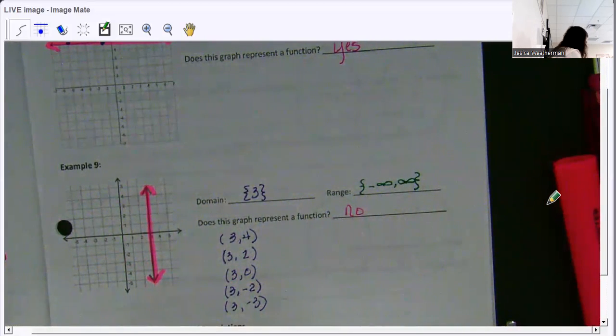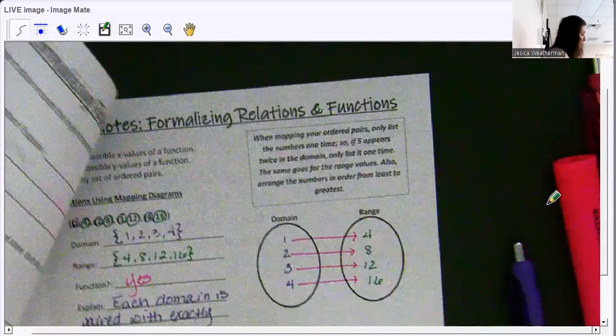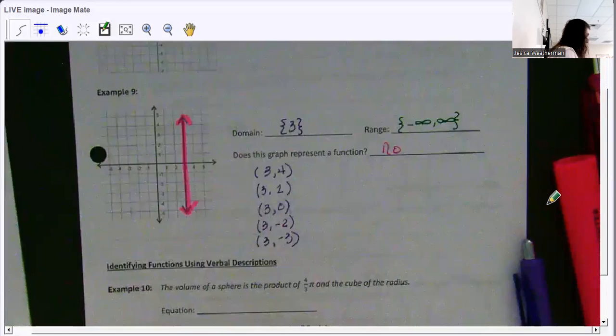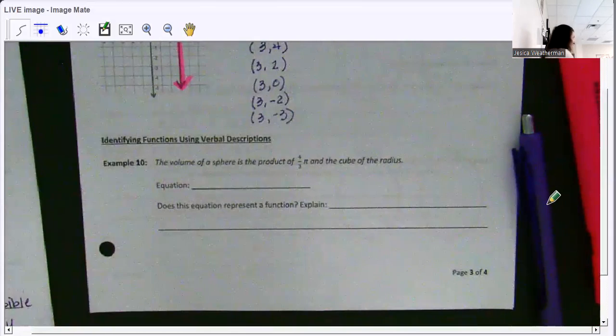So we have done the majority of the lesson. And so what we're going to do now, I've included some word problems. Yay. We're going to create the equation and then determine if the equation is a function. So we've done mapping diagrams, tables, graphs.